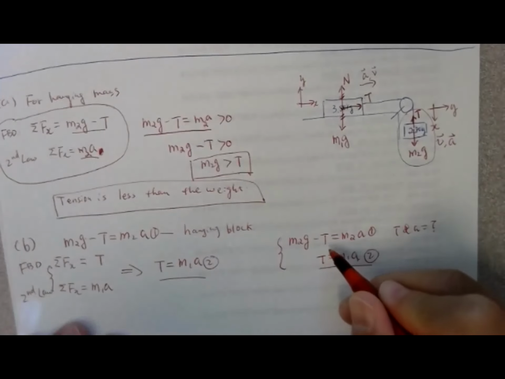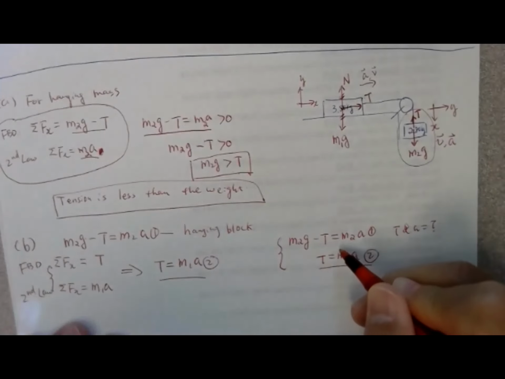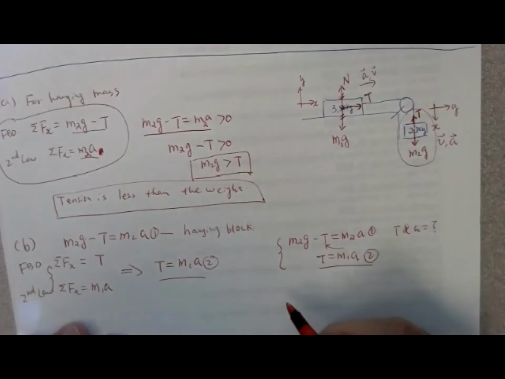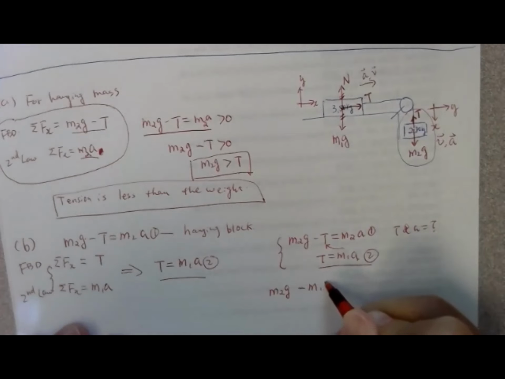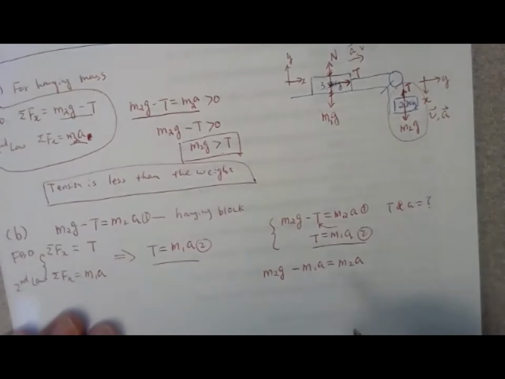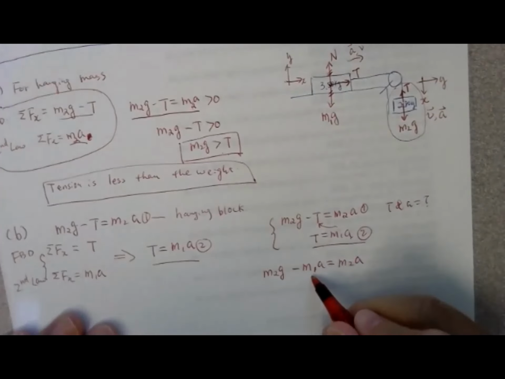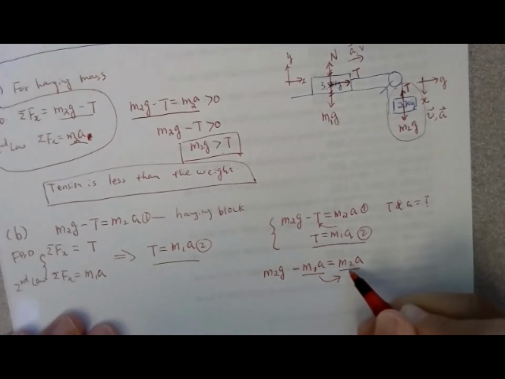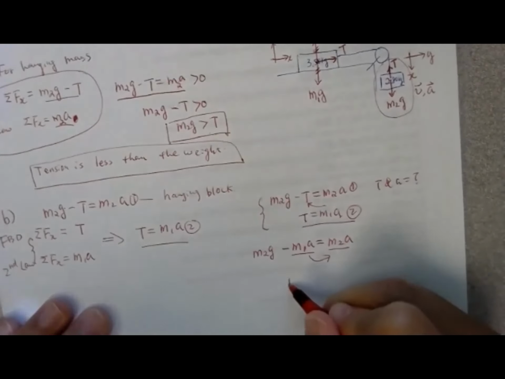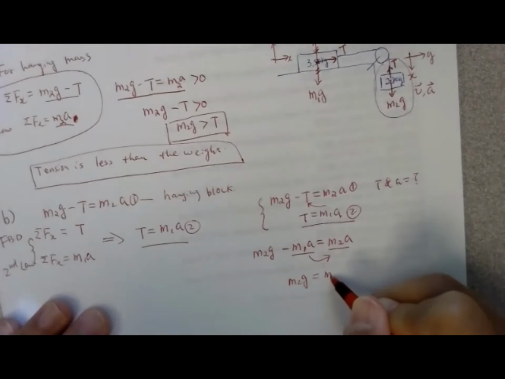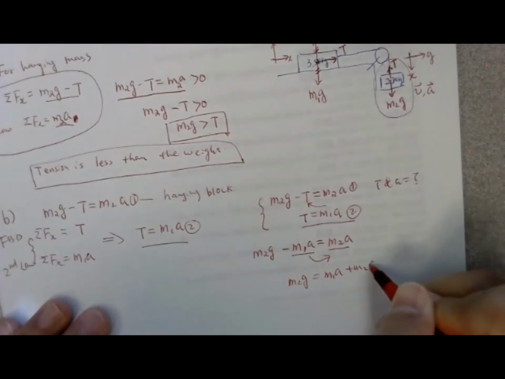So replace t equal to m1 times a in the first equation. Then m2g minus m1a equals m2a, right? You are looking for a as the unknown. You move m1a to the other side, m2g equals m1a plus m2a, all right?